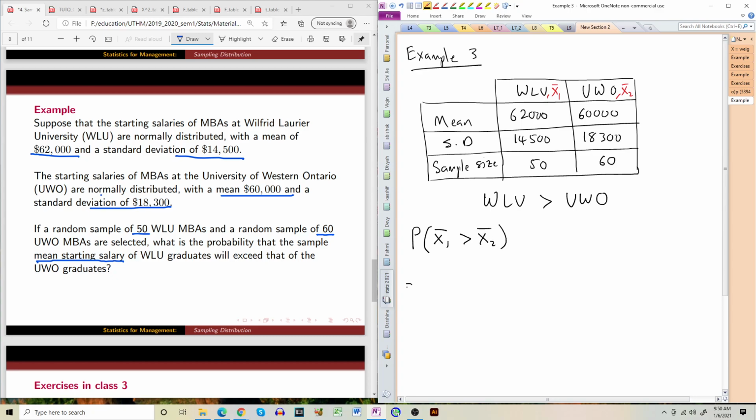What is the probability? If I rewrite this, the formula will become Z.